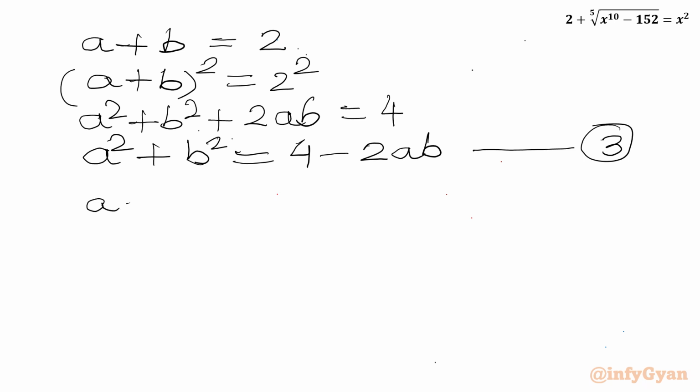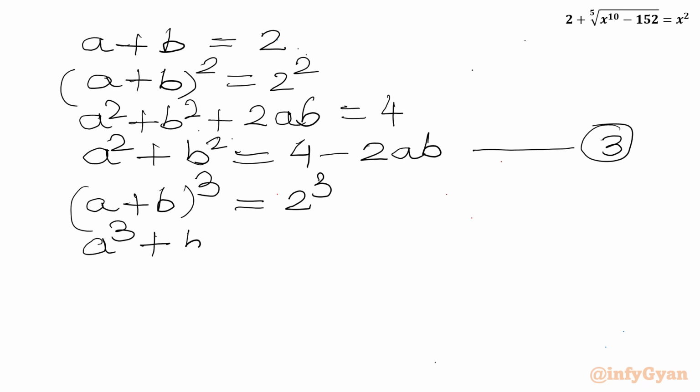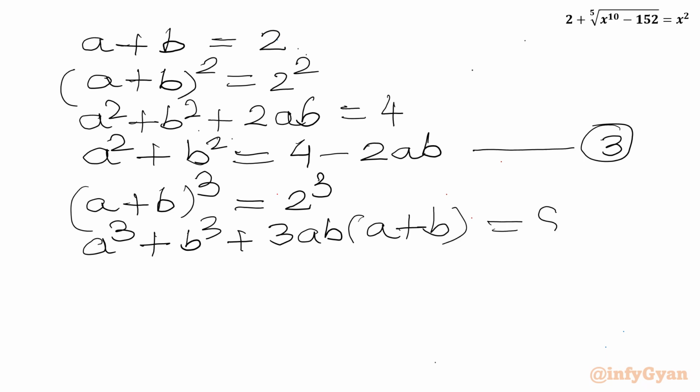Now I will consider cubing of the same equation both sides. (a plus b) whole cube will be equal to 2 whole cube. Now we can apply the (a plus b) whole cube formula. We will write a cube plus b cube plus 3 times ab times (a plus b) equal to 2 cube, which is 8.